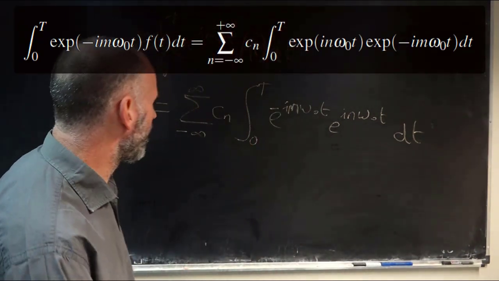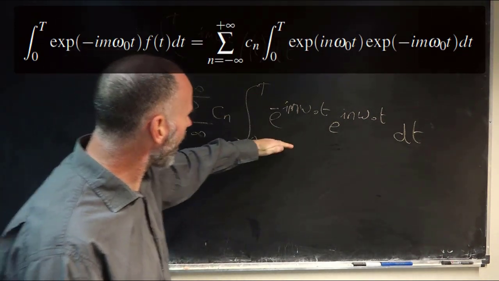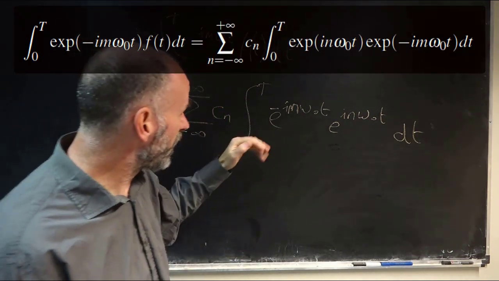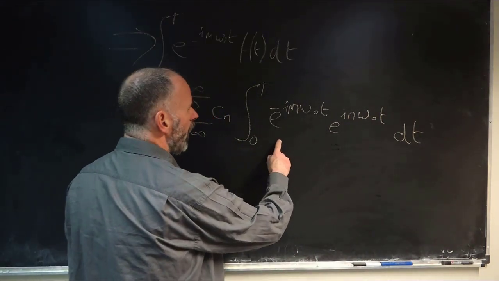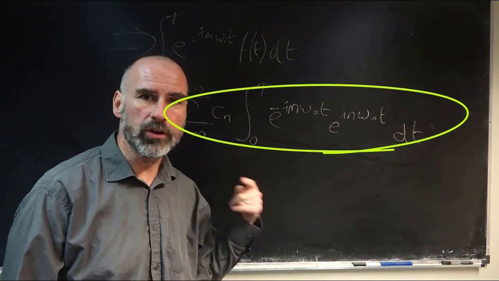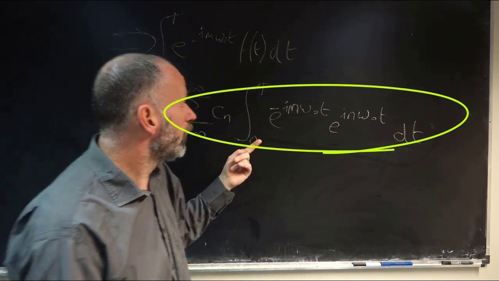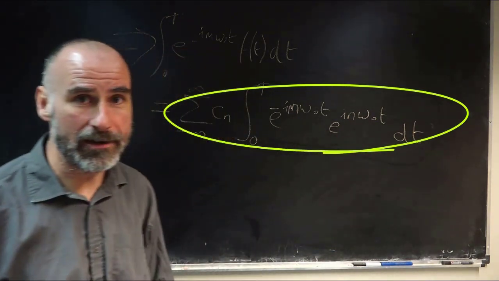You'll show that for yourselves. For now, just accept that our basis functions are orthogonal, which means that this integral will go to 0, and be non-zero only in the case where m is equal to n.